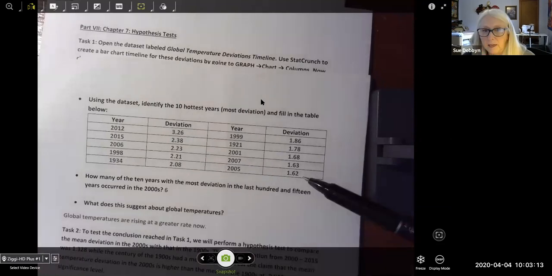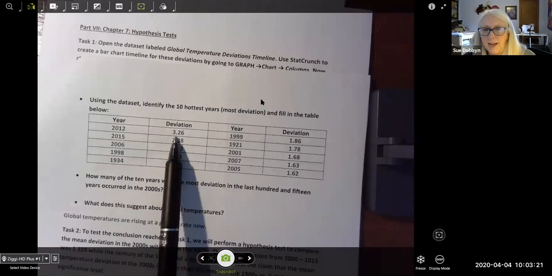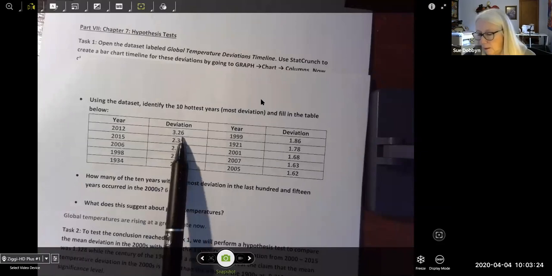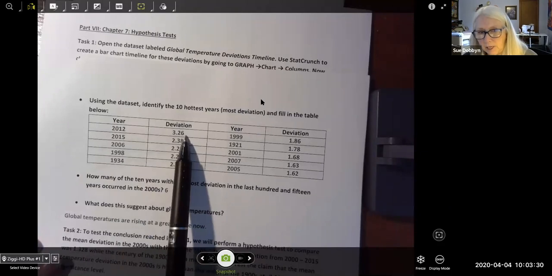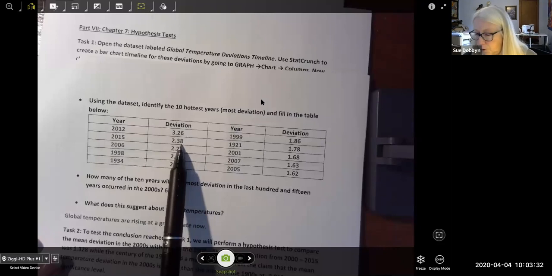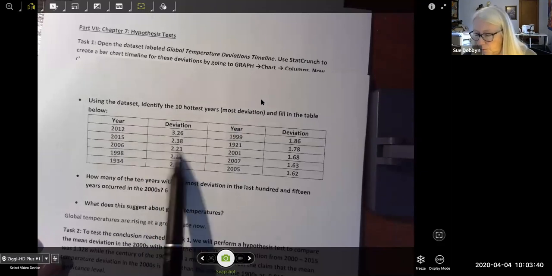The hottest year was 2012, where the deviation was 3.26 degrees Fahrenheit hotter than previously recorded years. In 2015, it was 2.38. In 2006, it was 2.23. In 1998, it was 2.21.